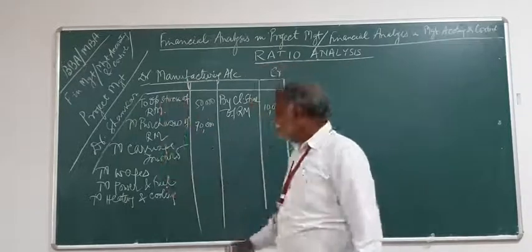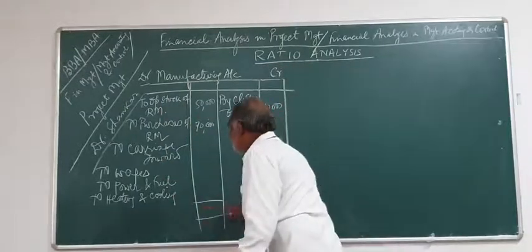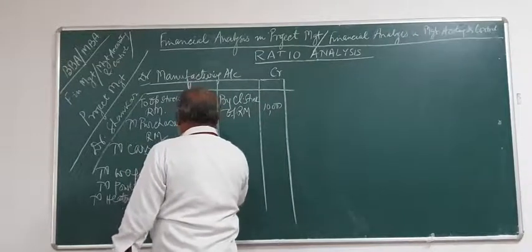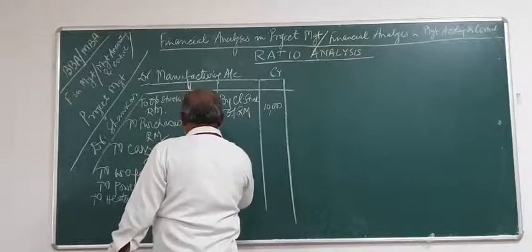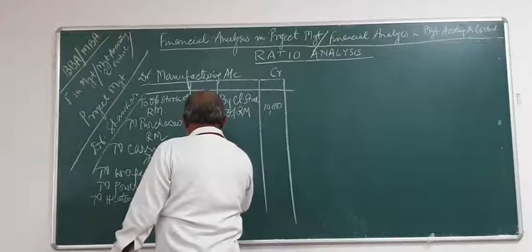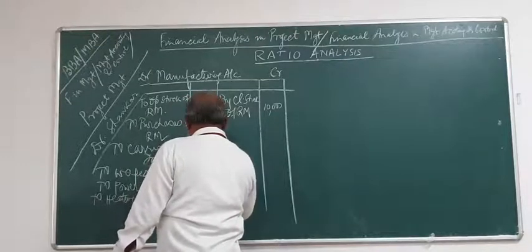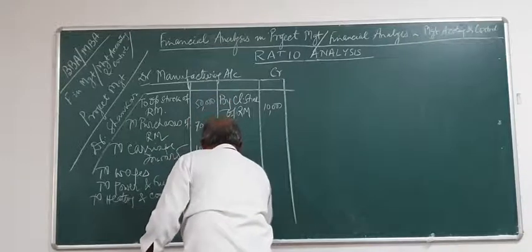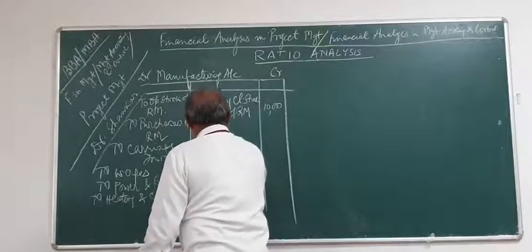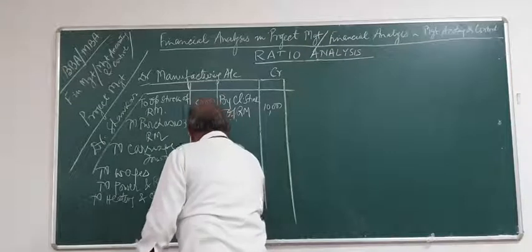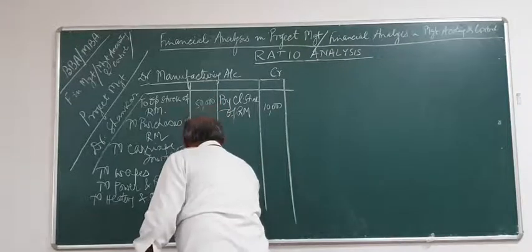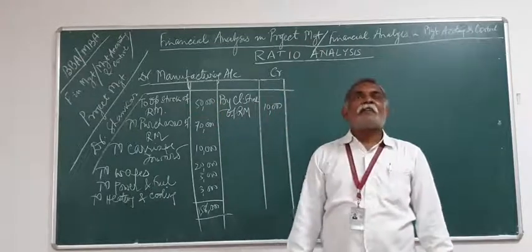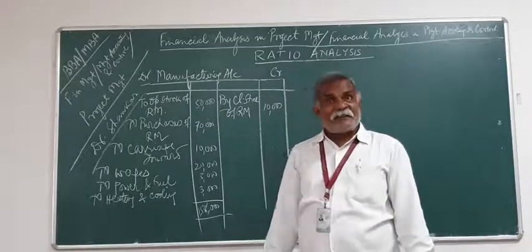That depends on the business. Now, suppose carriage outward is 10,000, suppose wages 20,000, suppose power and fuel 5,000, suppose heating and cooling 3,000. Now if I add this, it is 1,58,000 rupees on the expenses side.